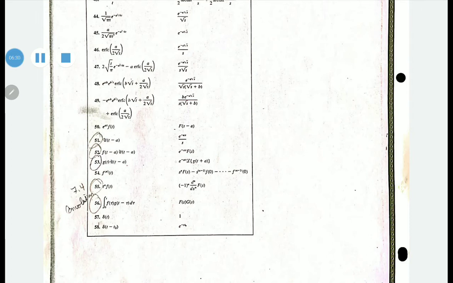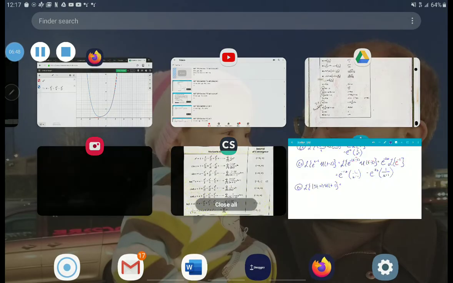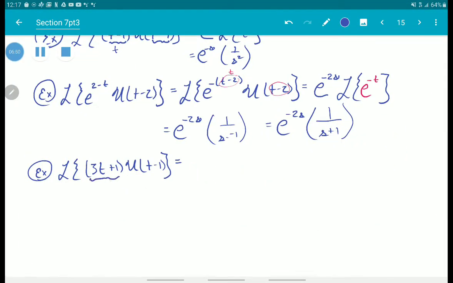So then it's going to be e to the negative as times the Laplace of g of t plus a. So we're viewing that g of t in this case as our 3t plus 1. That's our g of t.